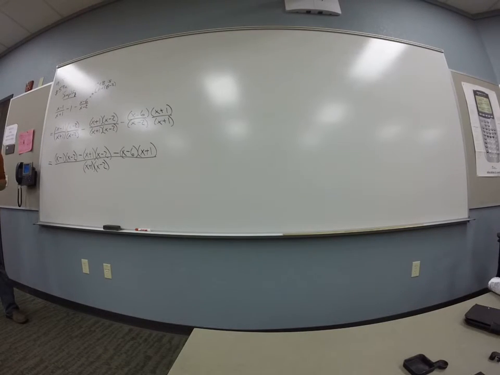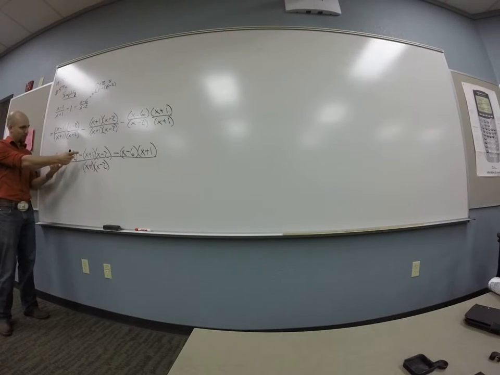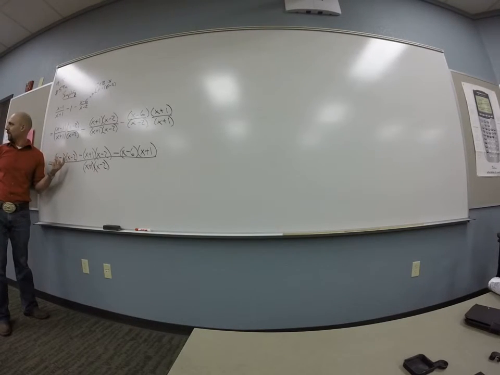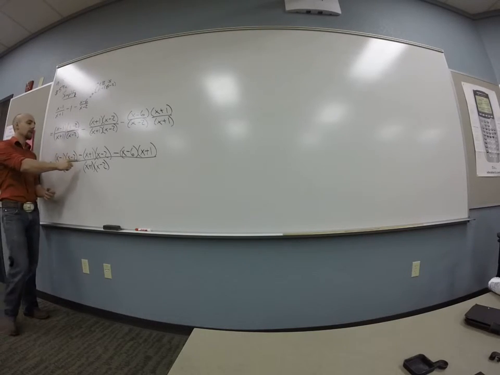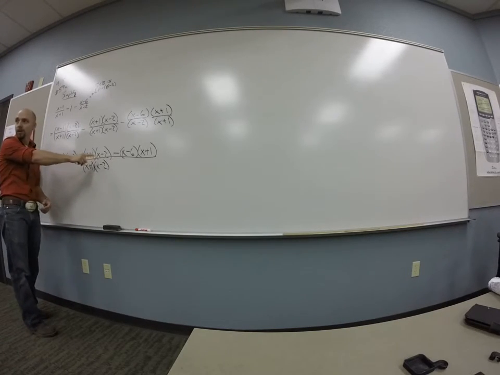Remember, I only really distribute as a last resort. So why am I thinking distributing is a good idea here? Because of the minus. There's a bunch of plus and minus things here. This guy's x minus 1 times x minus 2, and here's an x plus 1 times x minus 2.